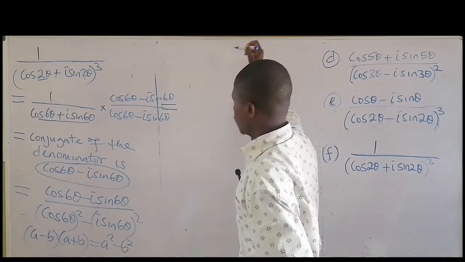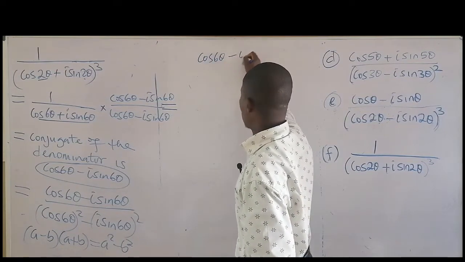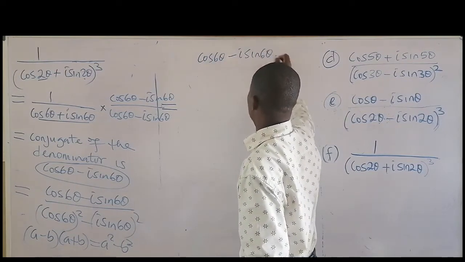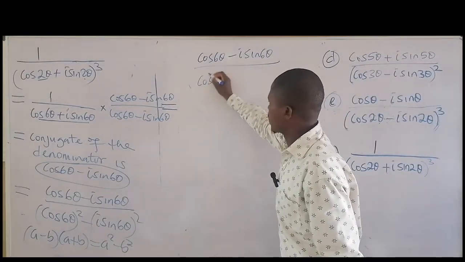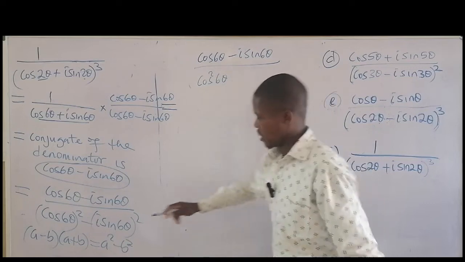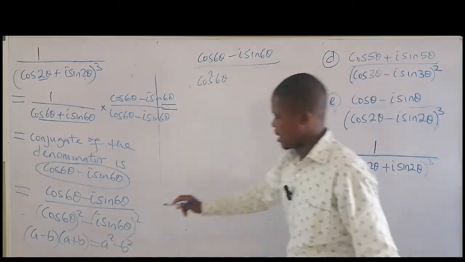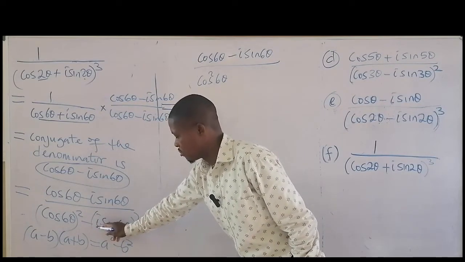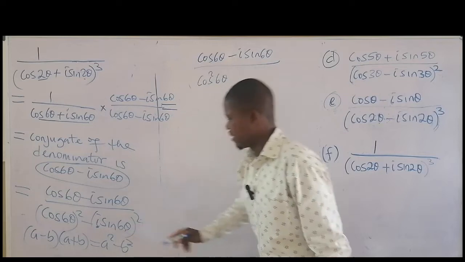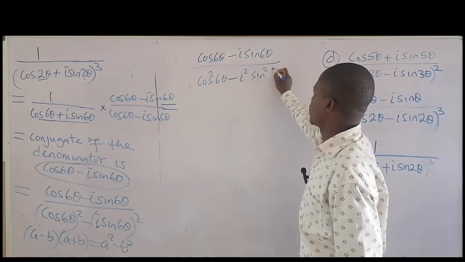So we now have cos squared 6 theta, and here we square the complex number i also, so it will be minus i squared sine squared 6 theta.